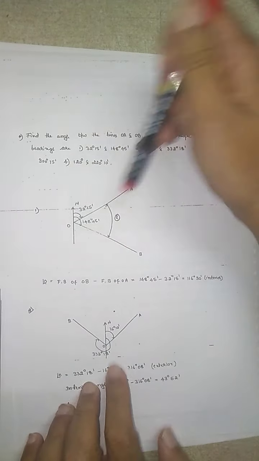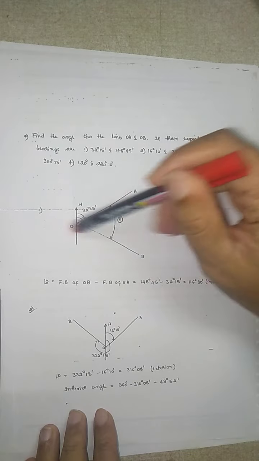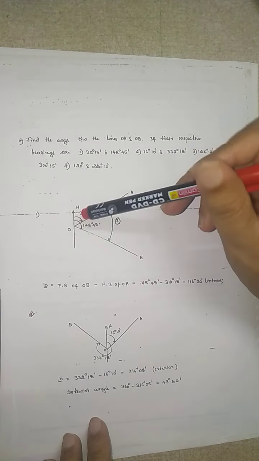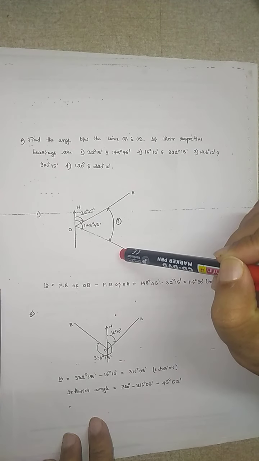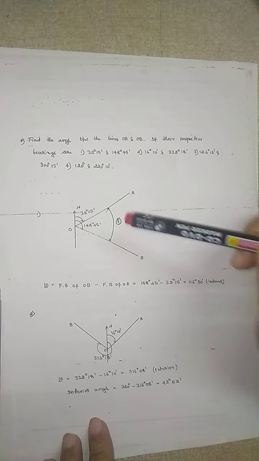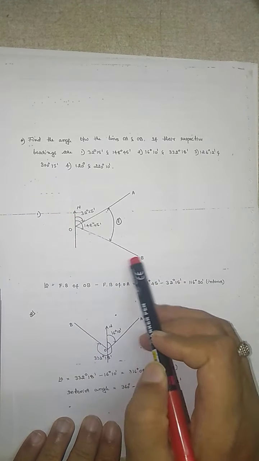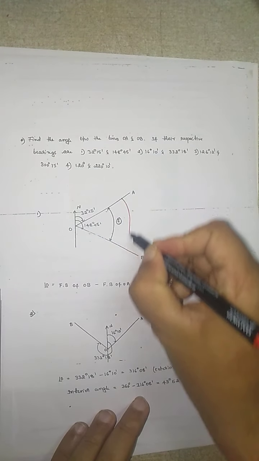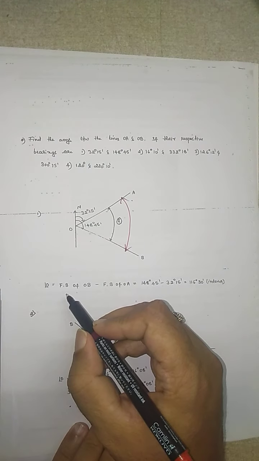After giving such a problem, what you need to do is draw the lines. 32 degrees comes in the first quadrant, and 148 degrees comes in the second quadrant. So what is an included angle? The angle which is present between 32 degrees 15 minutes and 148 degrees 45 minutes, that is this angle. We call it an included angle. So how can you calculate it?